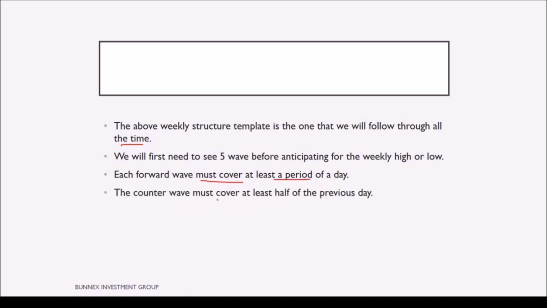The counter wave must also cover at least half of the previous day. But in some instances, they can be presented as choppiness regions. So the highs and lows of these waves, which are basically the highs and lows of days, can be obtained from the concept we learned in part 1.